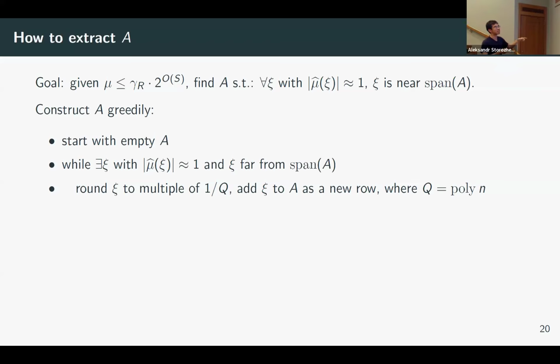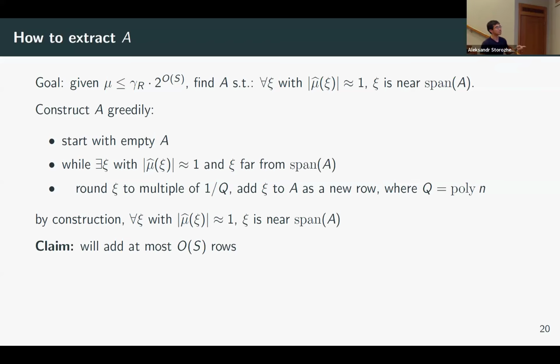So we take this large Fourier value psi, and then we add it as a row to A. And we keep doing this until everything has been included in the span. By construction, this already satisfies the condition that everything that has large Fourier value is near the span.